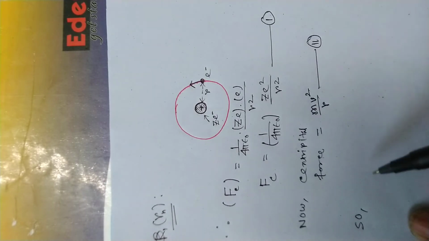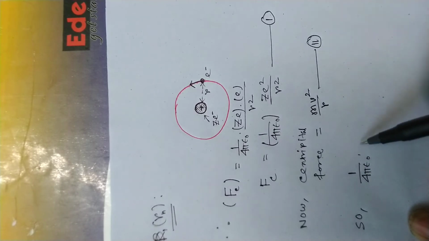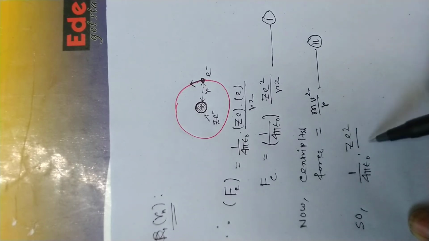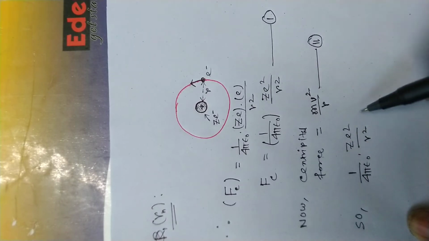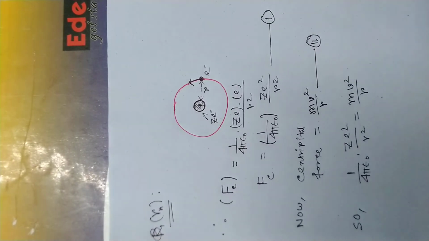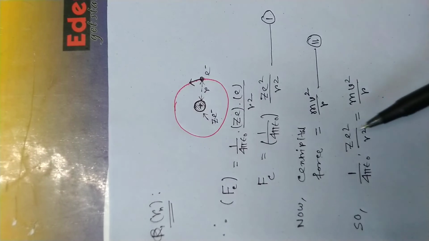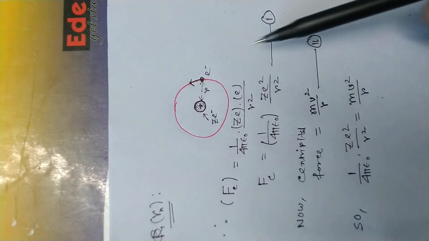So we can write that 1 over 4 pi epsilon naught, Ze square by r square, this is the electrostatic attractive force, should be equal to the centripetal force. Why are these two forces equal? Because the electrostatic force of attraction provides the centripetal force for this circular motion.